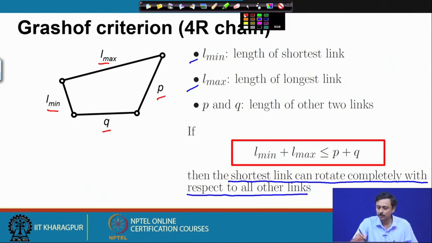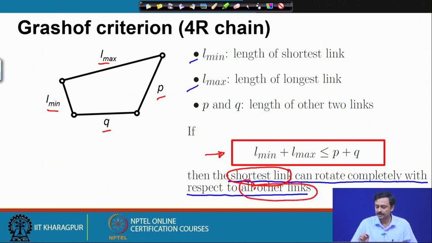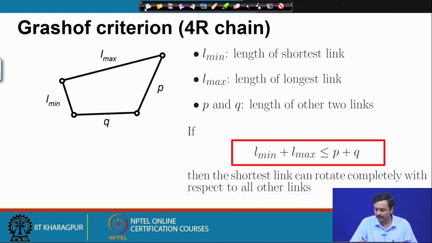I want you to note this statement in its entirety. If this criterion is satisfied, which you can easily check given the link lengths, then the shortest link can rotate completely with respect to all other links.